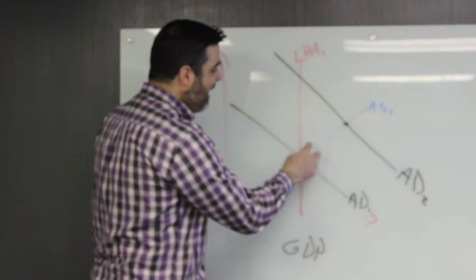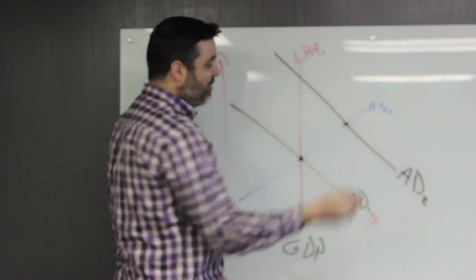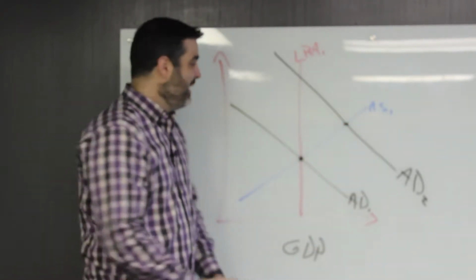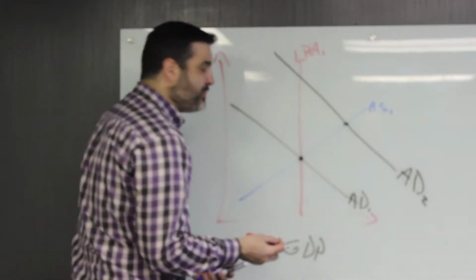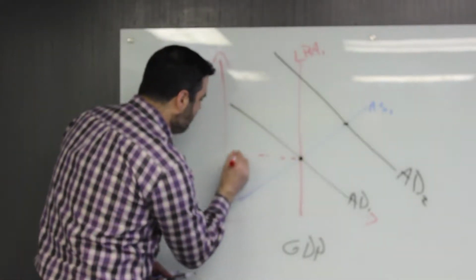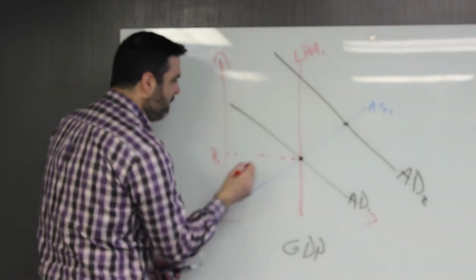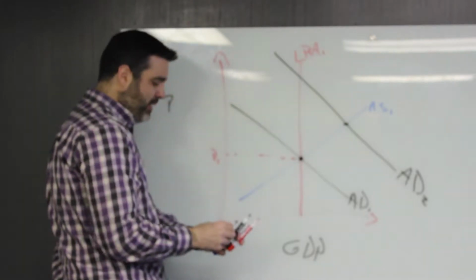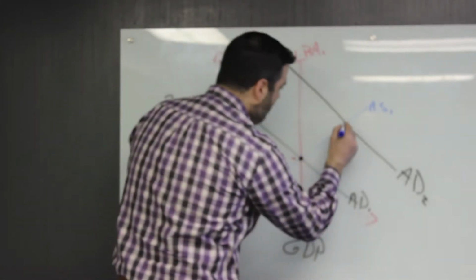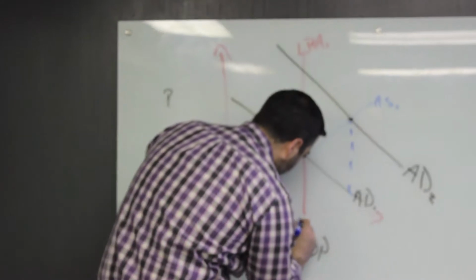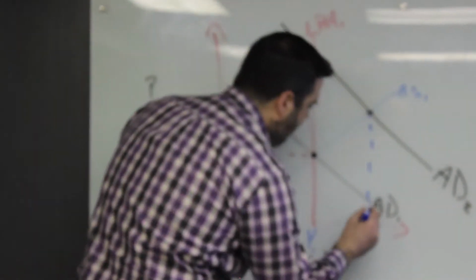And what happens now? We have all this inflationary pressure, right? Now, we went from price level 1, P1, all the way out here to right here. Remember, we are at full employment. Now we're all the way out here to Y2.